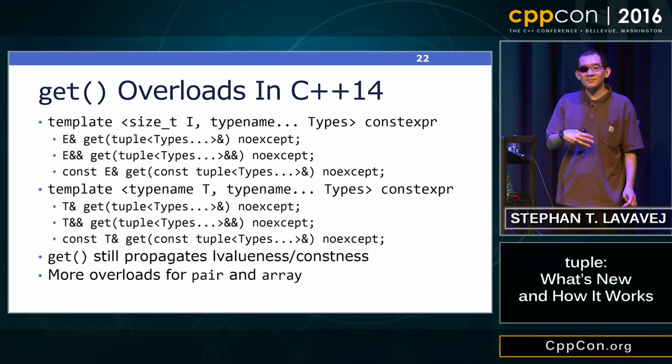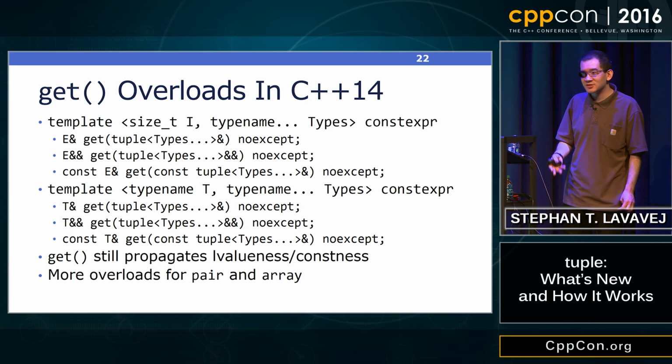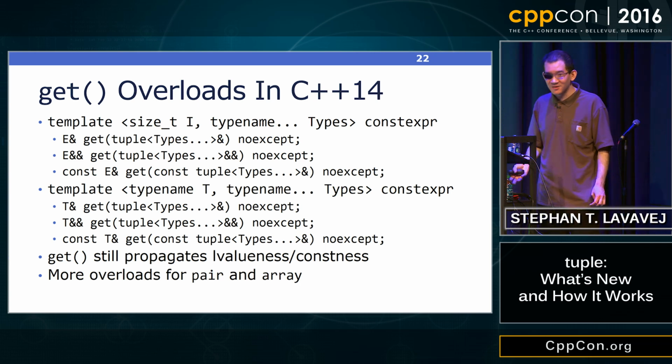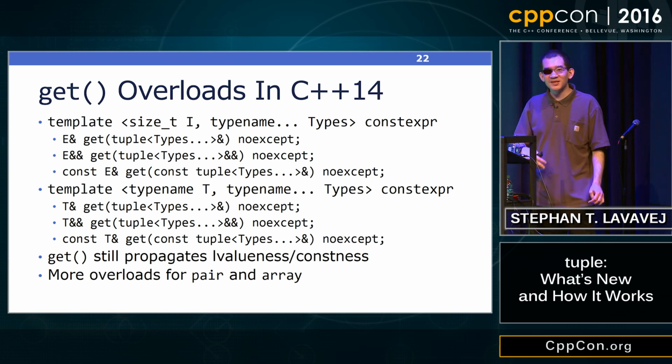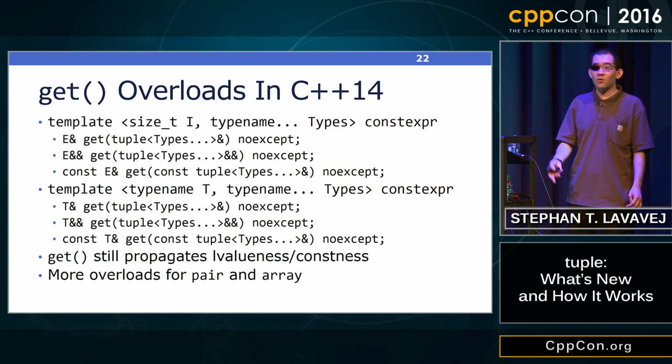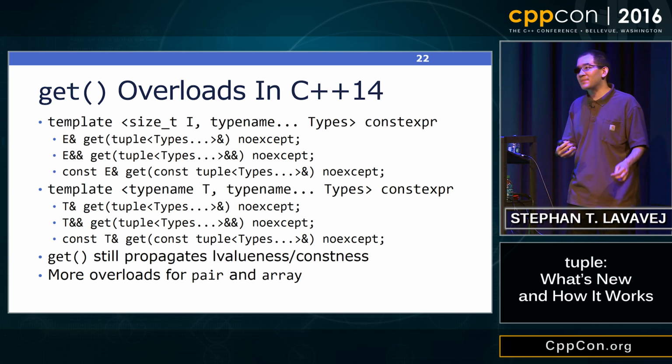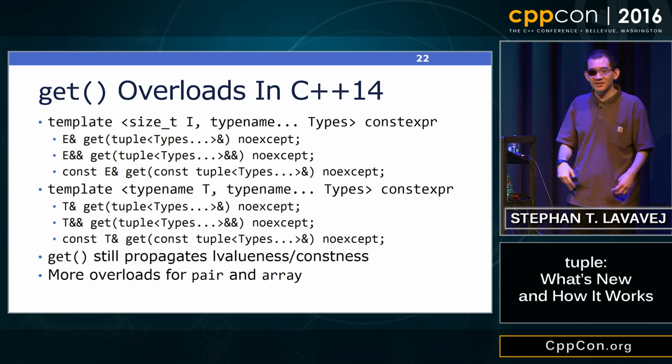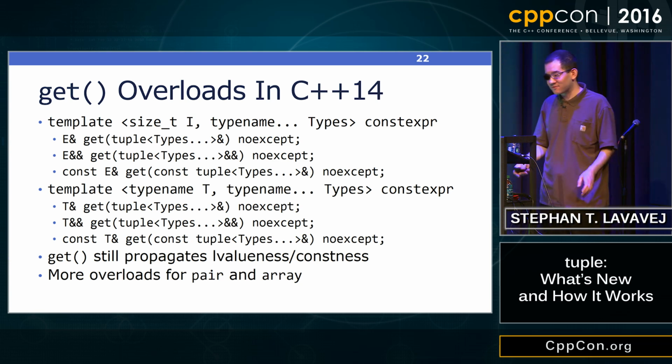The fact that sometimes the information is provided through an index and sometimes the information is provided by a type does not affect that behavior of get. So yeah, it's more overloads, but it doesn't really add extra complexity. The complexity is internal to the library where we need to figure out, oh, you gave us the type int, what index is it, and is it unique? But that all happens internally. It doesn't expose anything on the interface, which is nice.